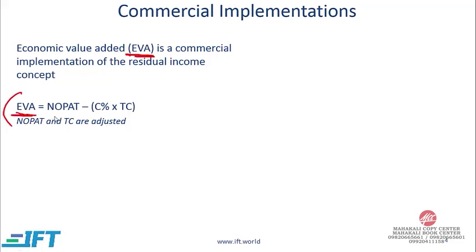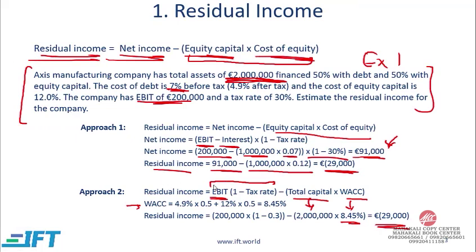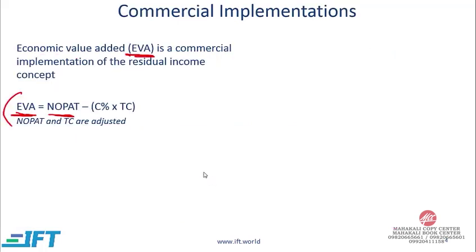So EVA is NOPAT, and NOPAT actually is this term over here. So it is EBIT into 1 minus tax rate, that's also called NOPAT, minus this C percent, which is simply the weighted average cost of capital, and TC is total capital. So it is exactly what we have just talked about.